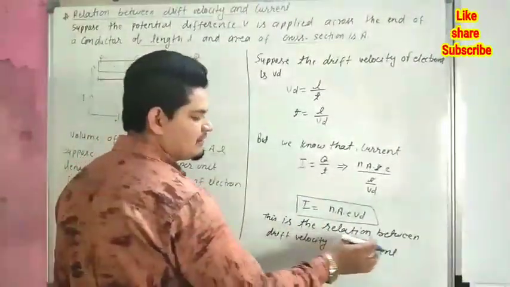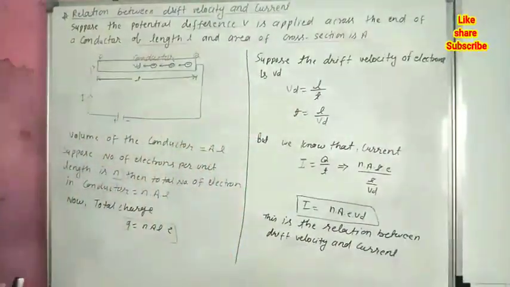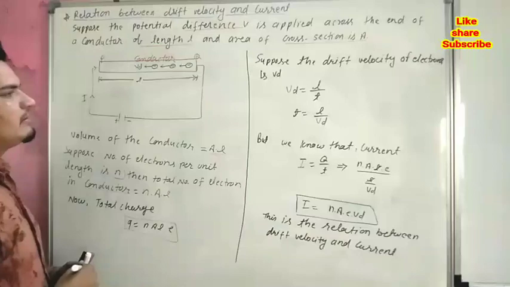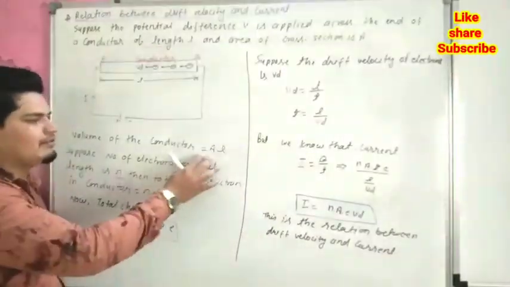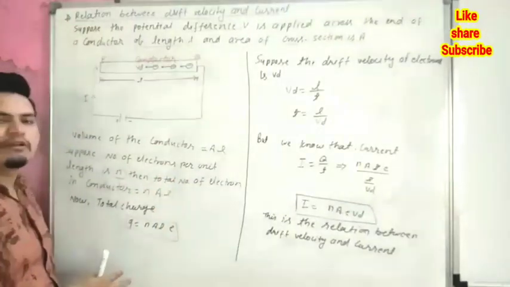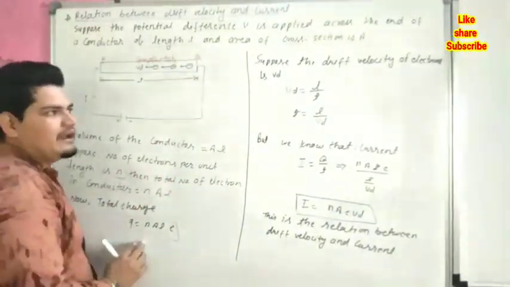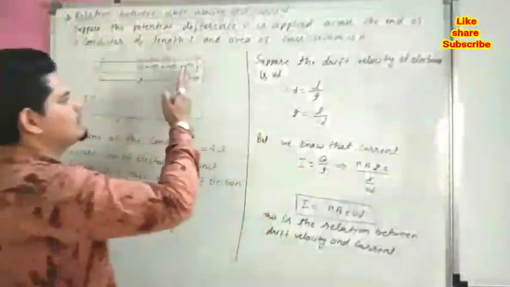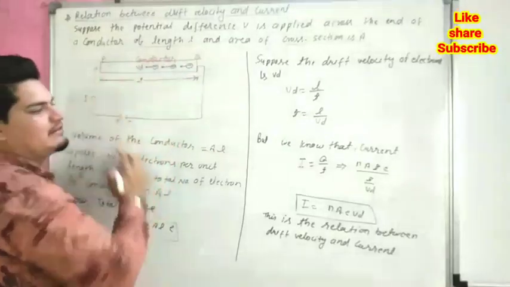This is the relation between drift velocity and electric current. It is very easy and important. First of all, we have to calculate volume, then the total number of electrons, then the charge, and then the time taken by the electron to travel the distance.